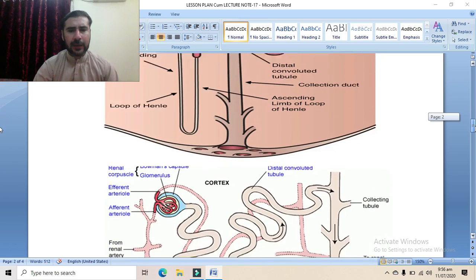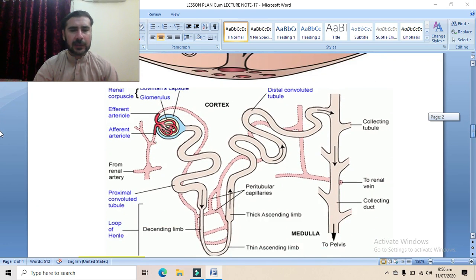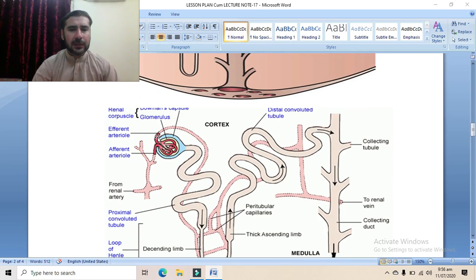In another diagram here it is clearly shown, these are the capillaries. This is the afferent arteriole which enters into this Bowman capsule. This tuft of capillaries is basically the glomerulus, and this surrounding thin double-walled structure is known as the Bowman capsule. Collectively these two are known as the renal corpuscle.